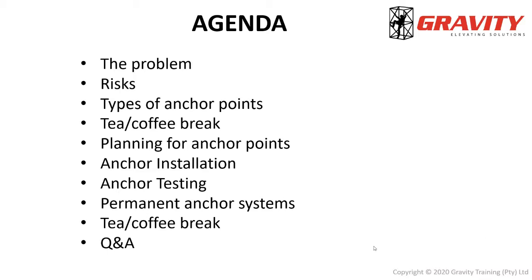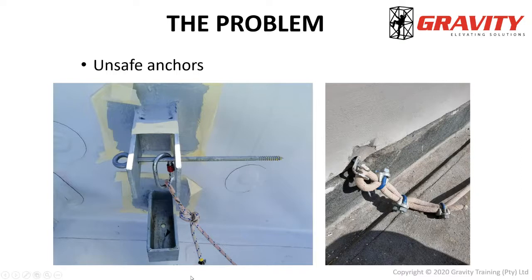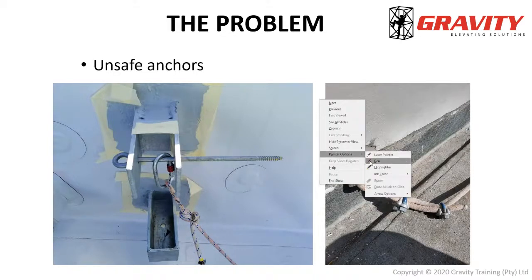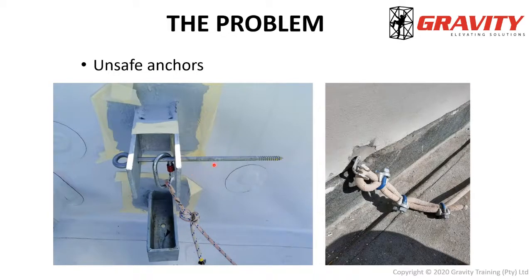First up, the problem. Unsafe anchors. So obviously on the left, you'll see that the technician, if I can use the word loosely, has chosen to use an unsecured rod through this bracket and then connecting a carabiner to that.